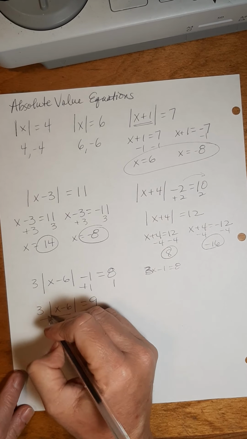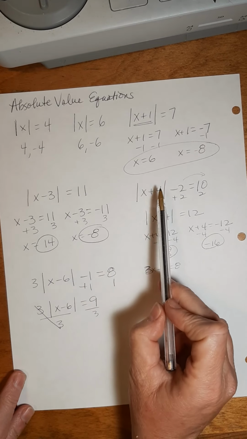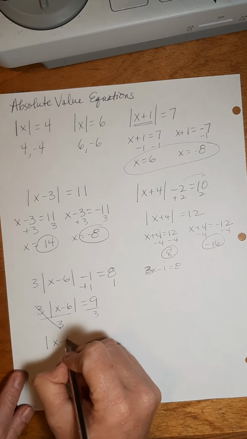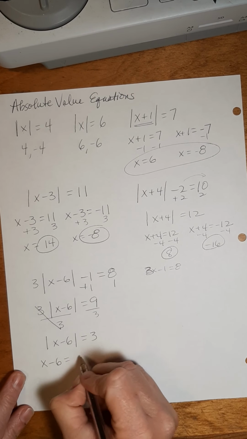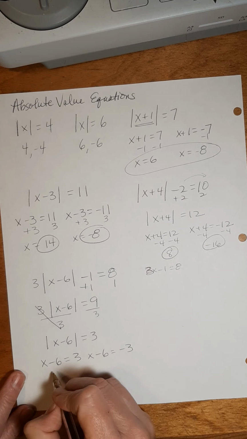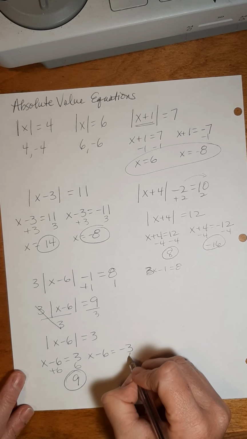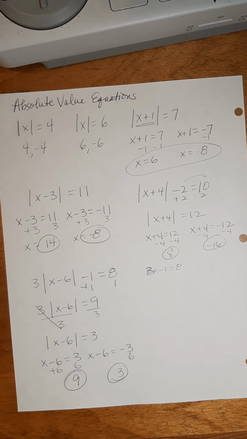Divide by 3, because remember, your main goal is to get the absolute value all by itself so you can finish solving. So absolute value of x minus 6 equals 3. So x minus 6 equals 3 and -3. Add the 6: 9, 3.